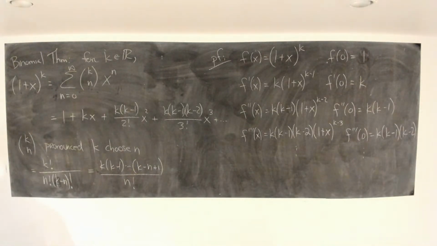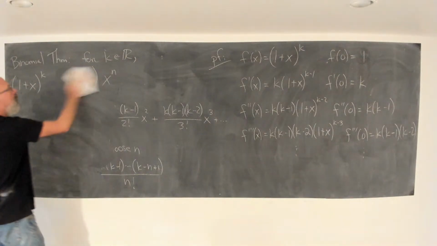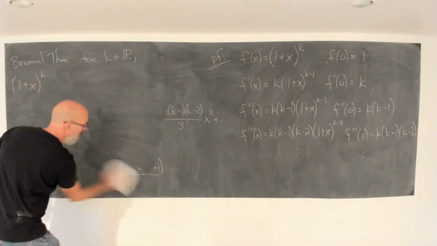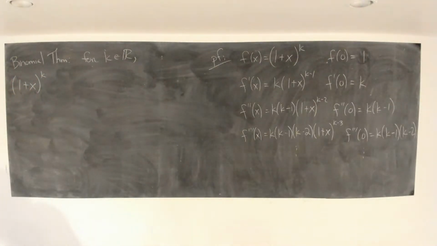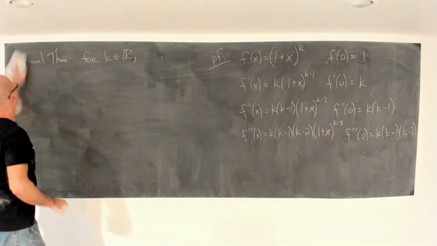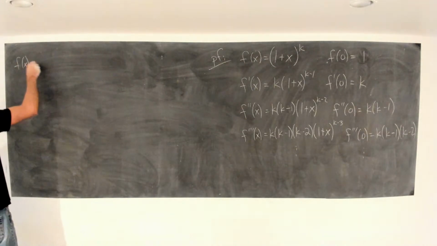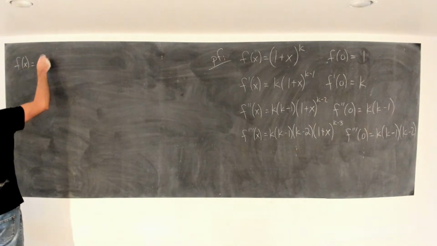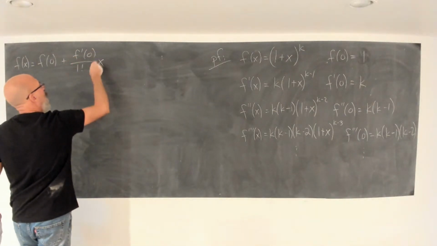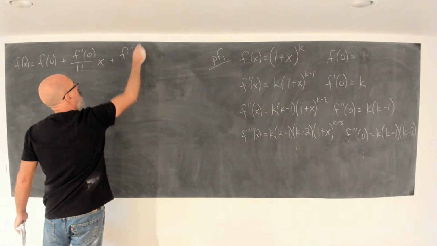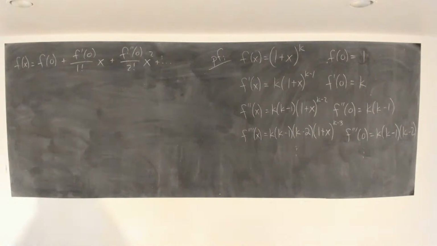Put everything together. F of x is f of 0, plus f prime at 0 over 1 factorial x, plus second derivative at 0 over 2 factorial x squared, and so on and so on.